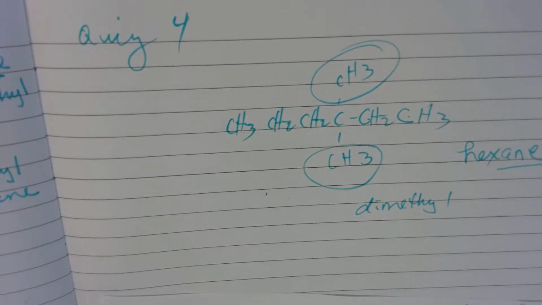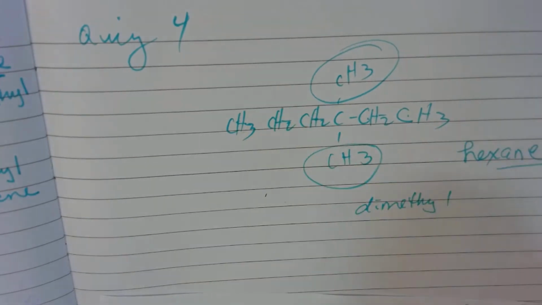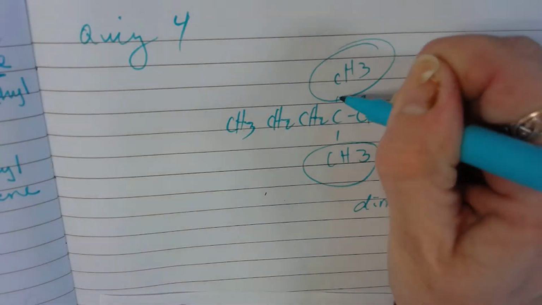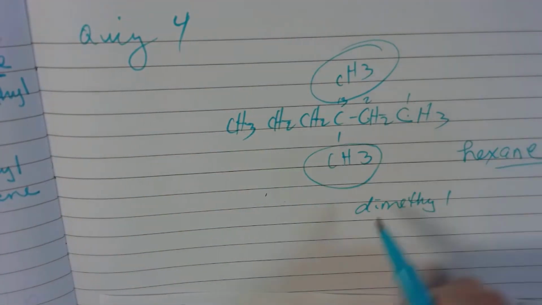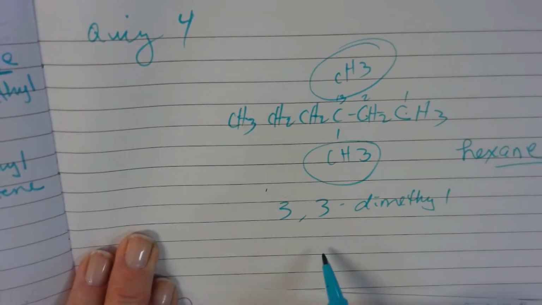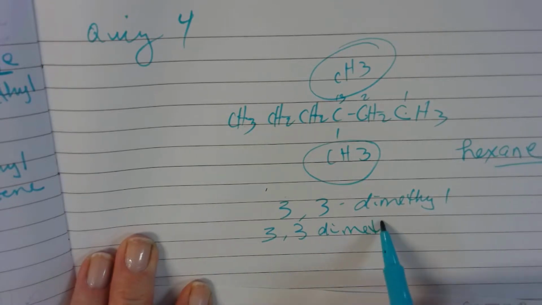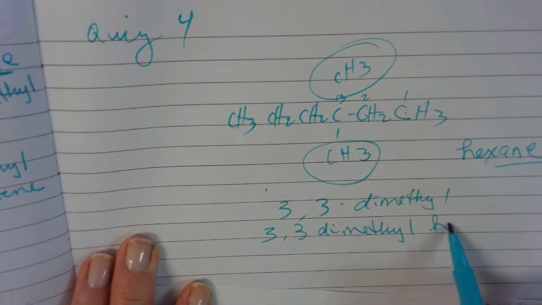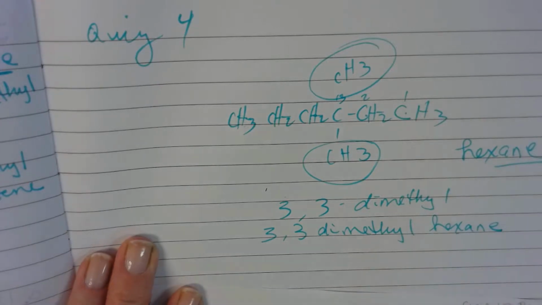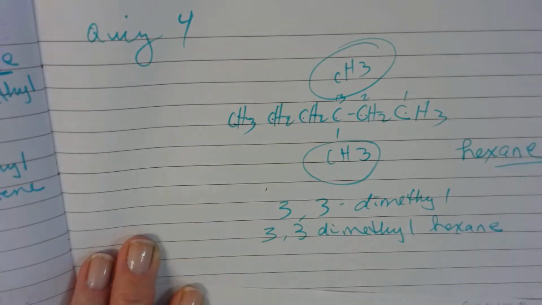So we'd have to go this way, 1, 2, 3. Okay. So 3, 3-dimethyl. So when we put it all together, we've got 3, 3-dimethylhexane. Why is it hexane? 1, 2, 3, 4, 5, 6 carbons.